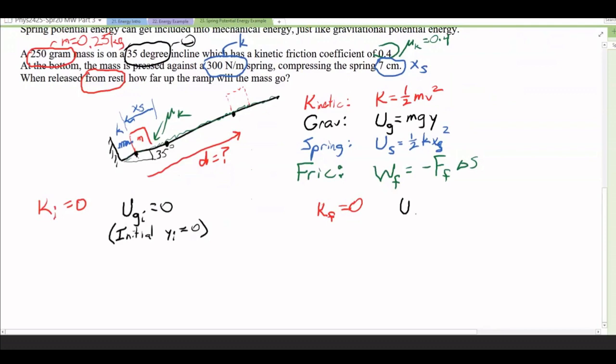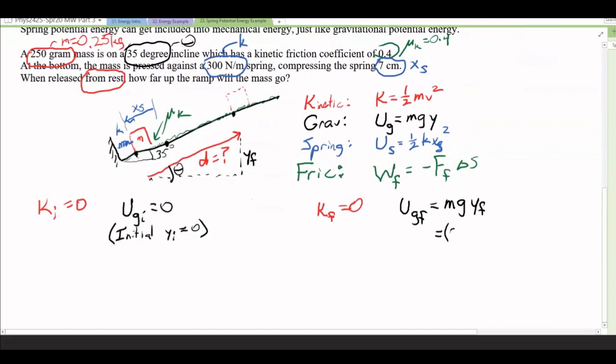At the end, we're going to have U sub g final is m g y final, and we can relate this y final to the variable we care about, this distance d, because there's this nice triangle with our theta and the distance d and the y final.